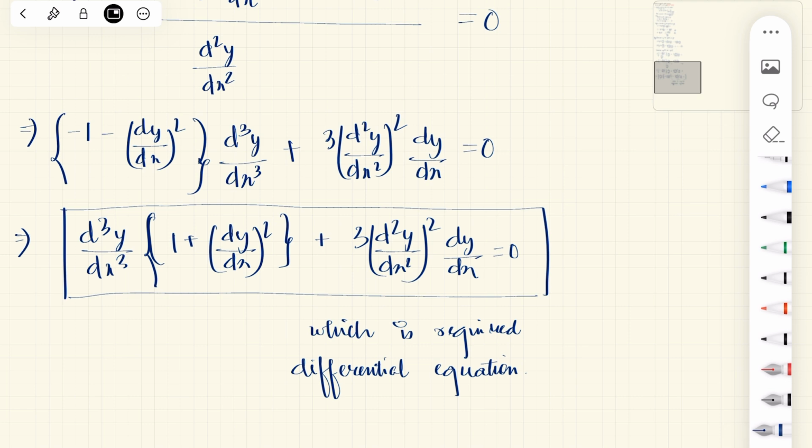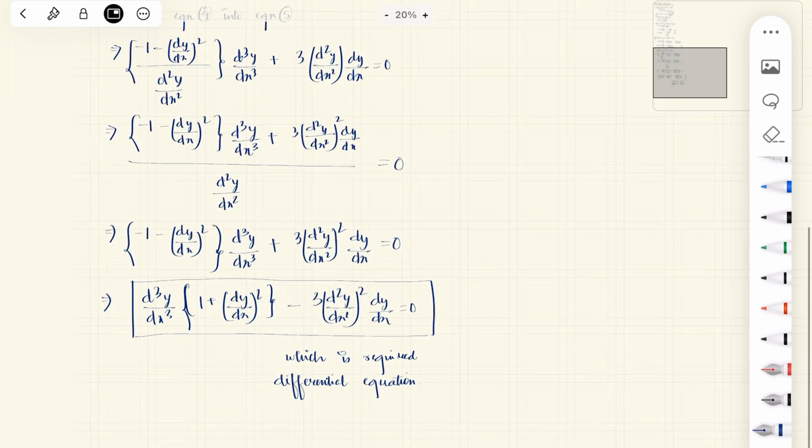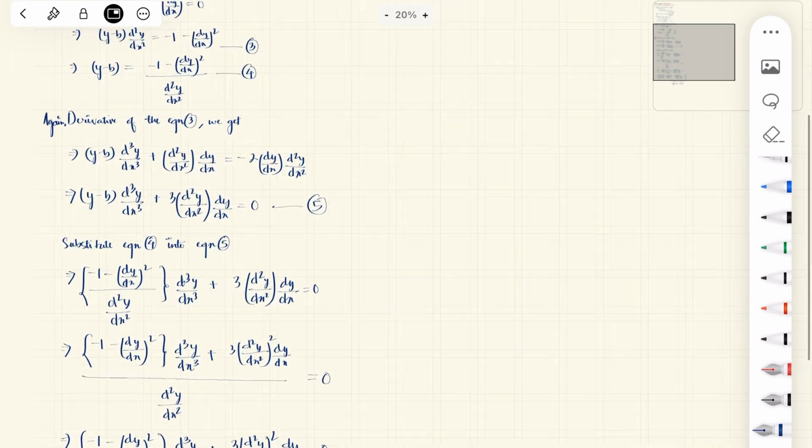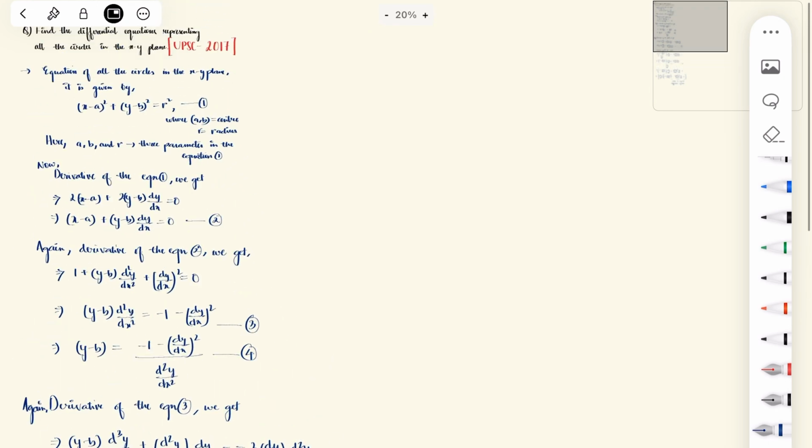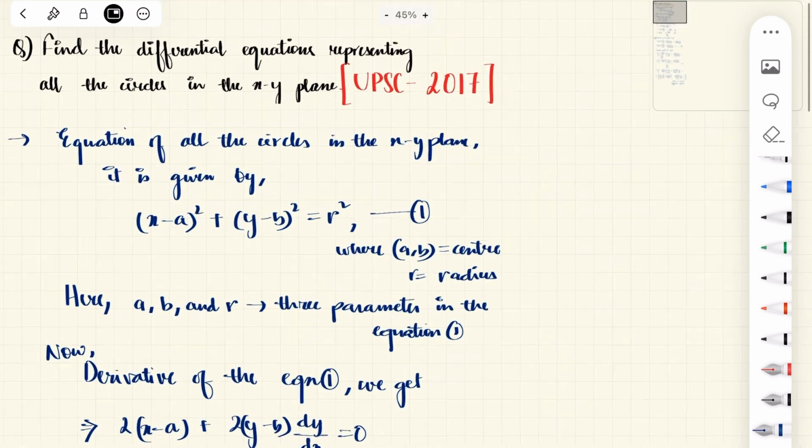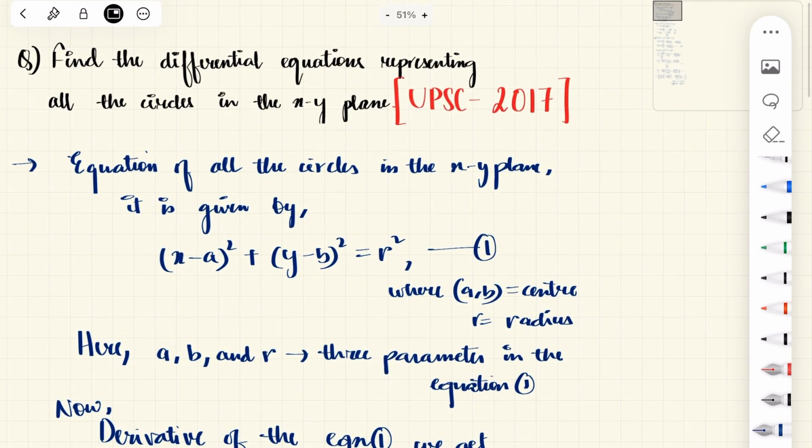Sorry, I have to put this minus, right? Yes. So this is the required differential equation. It's easy, right? Yes, very easy. So this is the differential equation of all the circles in the xy plane. Okay, so for now we'll finish here.